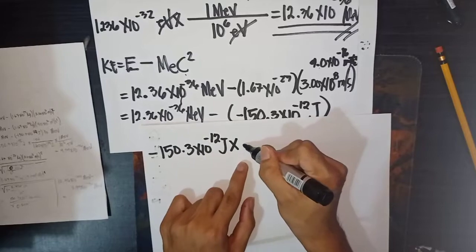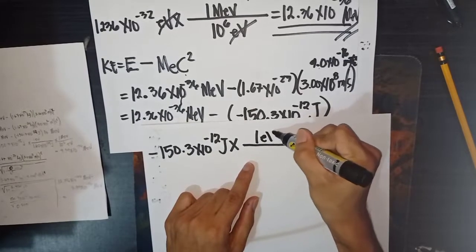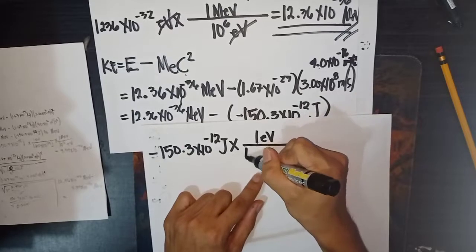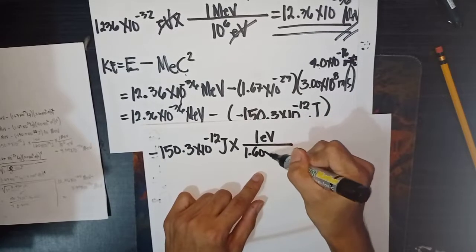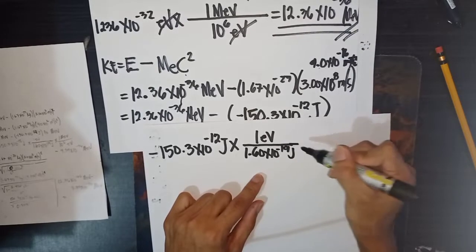This is a dimensional analysis. In 1 electron volt, we have 1.60 times 10 raised to the power of negative 19 joules, so joules cancel out.